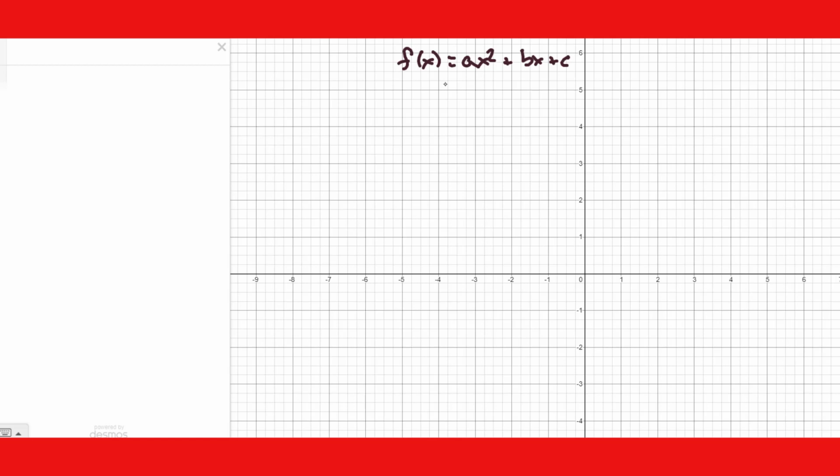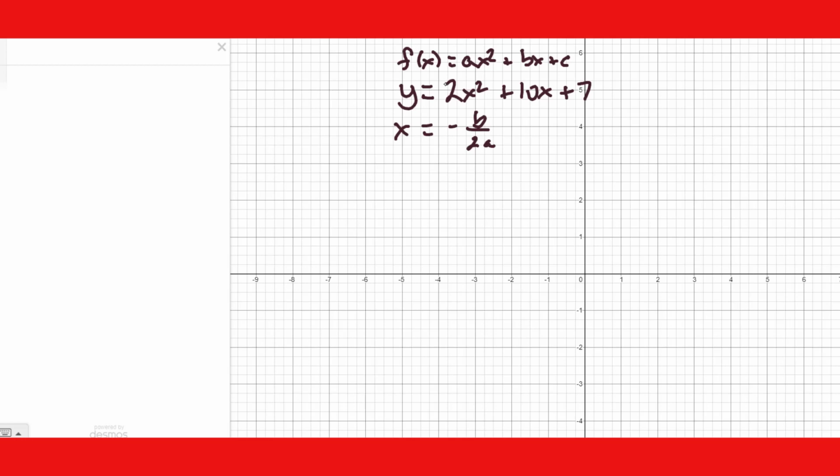All right, so in standard form, we've got y equals 2x squared plus 10x plus 7. We want to put this into vertex form because, remember, we have x equals negative b over 2a.